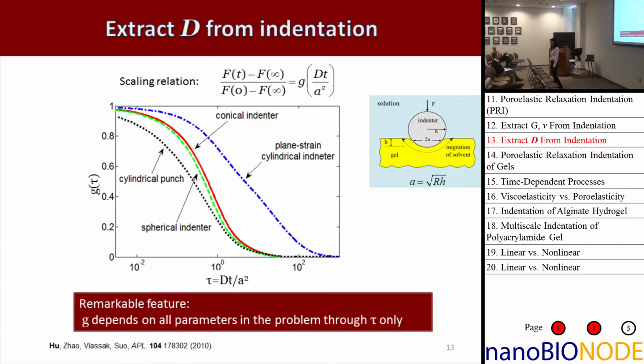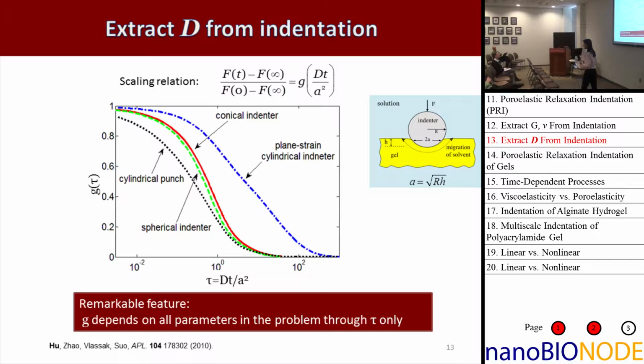Why do we care about it? If you have a constant contact area, that means you have a constant diffusion length. Then the scaling becomes simpler. The time will depend on the contact radius squared because it's a diffusion process.